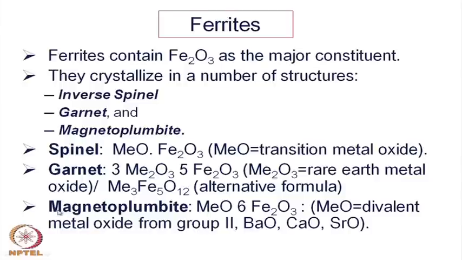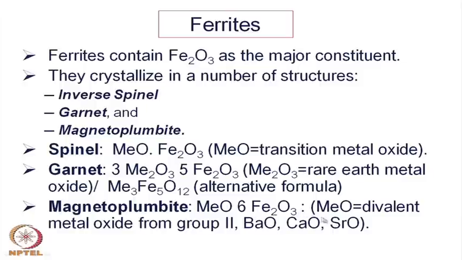And the third group of the ferrite, which is also very important from the practical or industrial point of view, is magnetoplumbite, and the general formula here is MEO 6Fe2O3. So, the formulas are different, the ratio of Fe2O3 to other oxides is different. Here it is 1:1, here it is 3:5, and here it is 1:6.